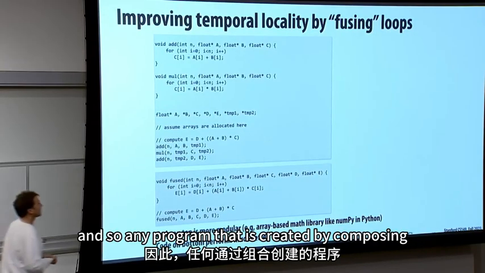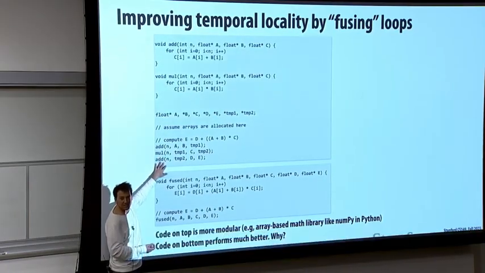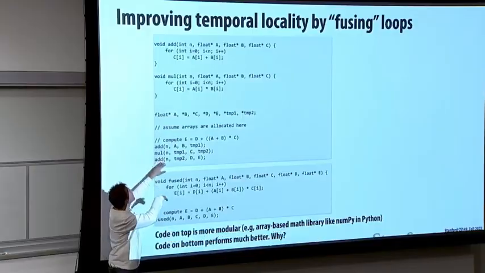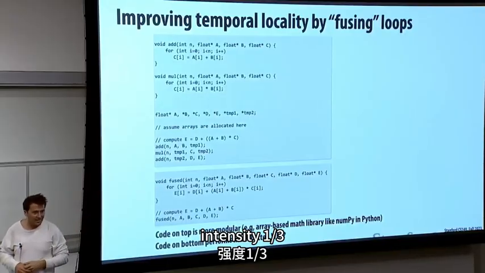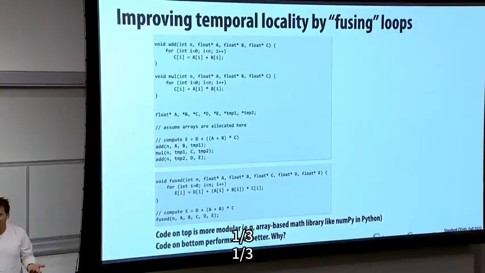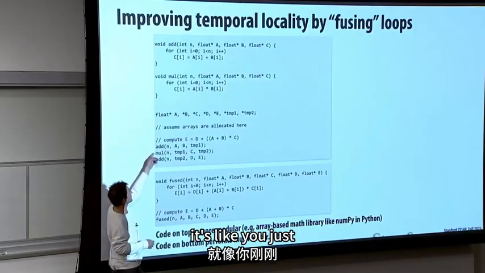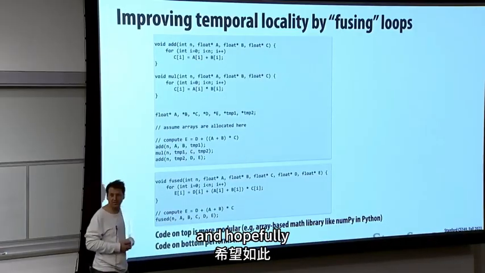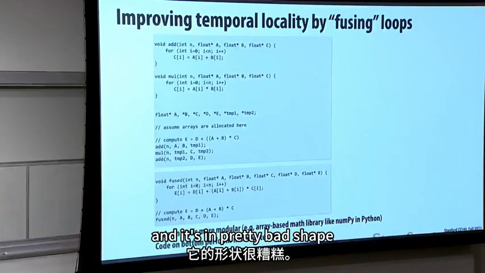Any program that is created by composing these library functions, if all of the library functions have arithmetic intensity 1/3, your program is going to have arithmetic intensity 1/3. So this is a really convenient way to write code. You just write it like this, and hopefully every one of those is a big vector operation, but it's in pretty bad shape.